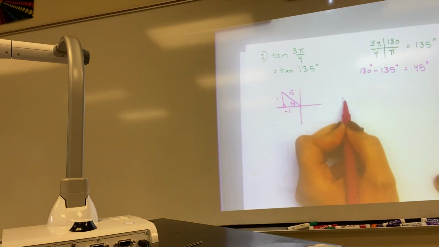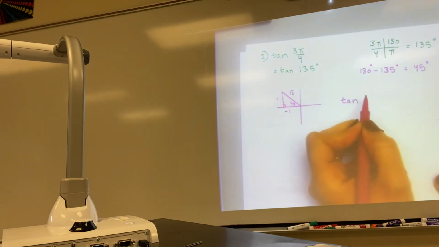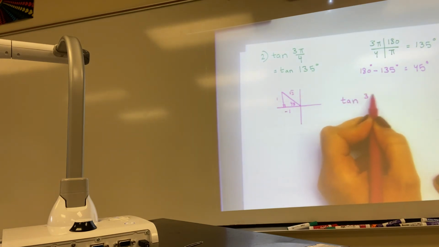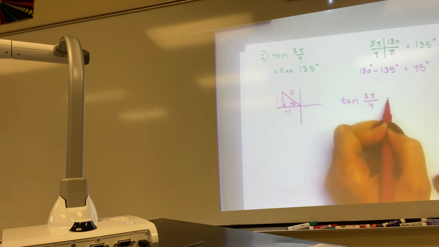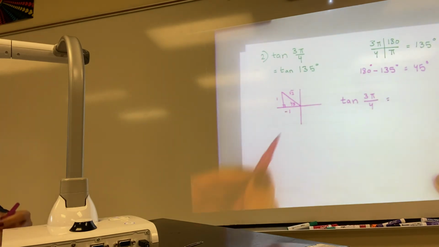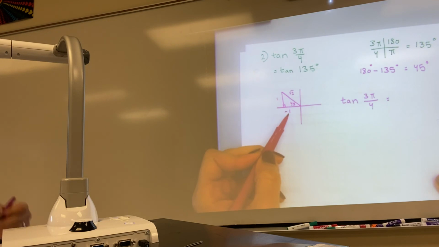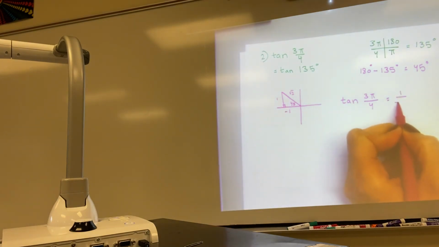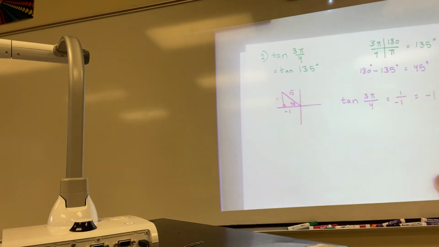Tangent, in this case, for 3 pi over 4 will be the opposite over the adjacent, and that is 1 over -1, which is the same as -1. That's the tangent.